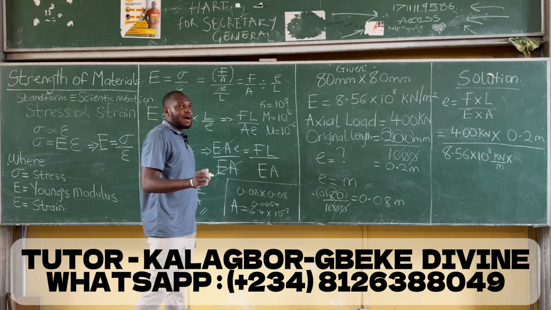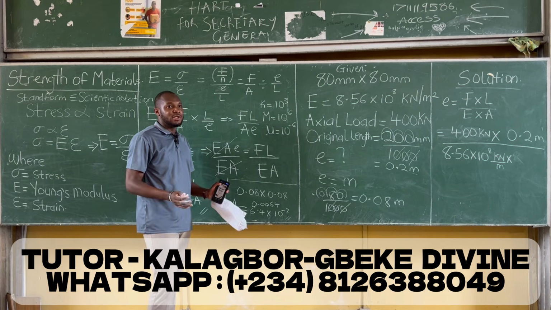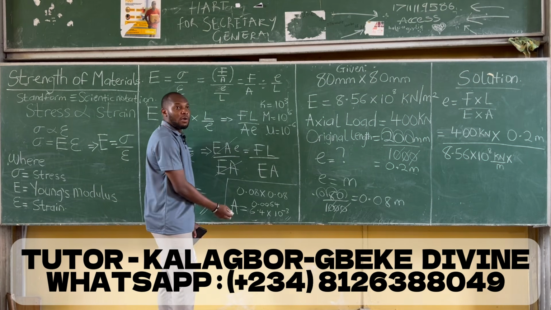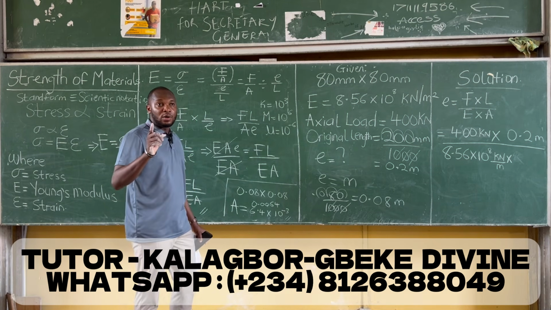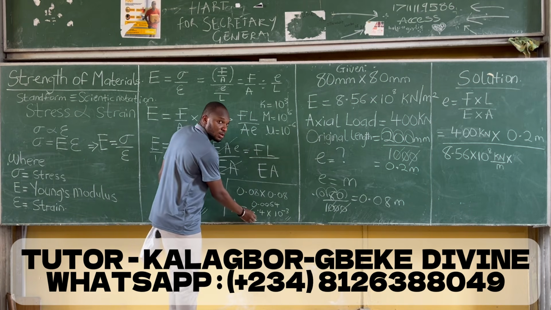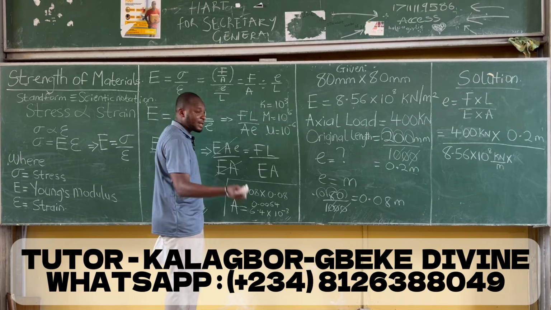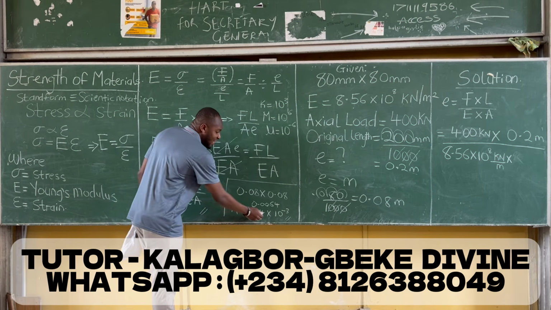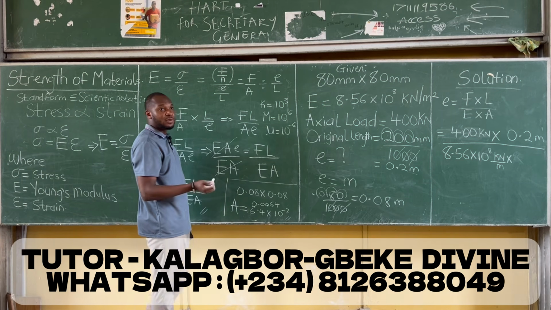So as a wise person, in your exam script, you need to leave it in standard form or scientific notation. Your calculator, most times, will give you scientific notation, then you will need to know how to convert it to standard form. Who knows how to convert this now? Or shall I show you?